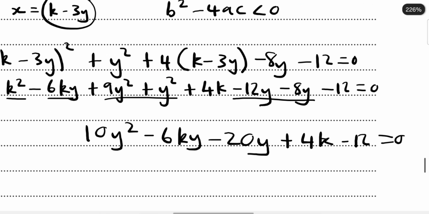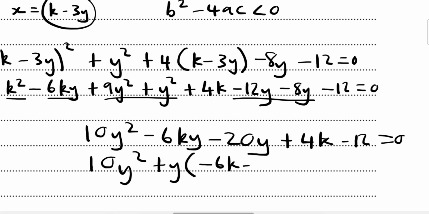Now with this, we say 10y squared, then we factor out y here to get minus 6k minus 20, plus 4k minus 12 is equal to 0.